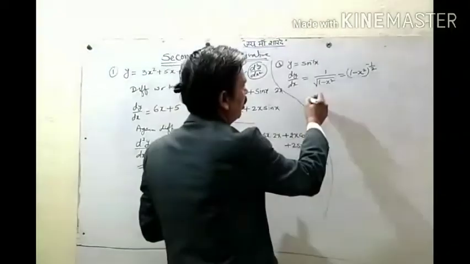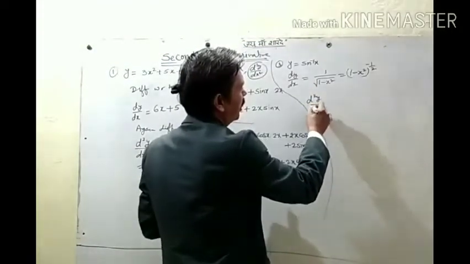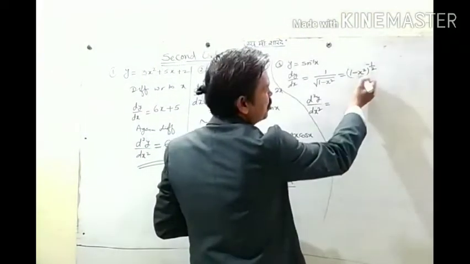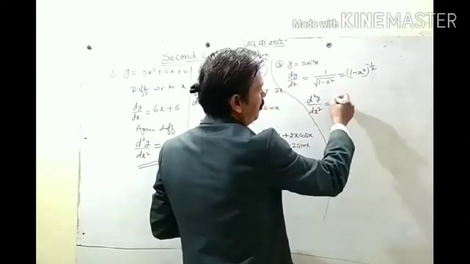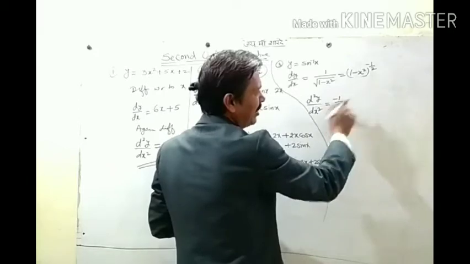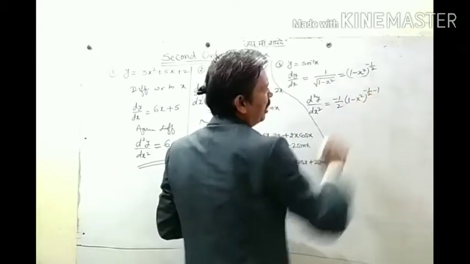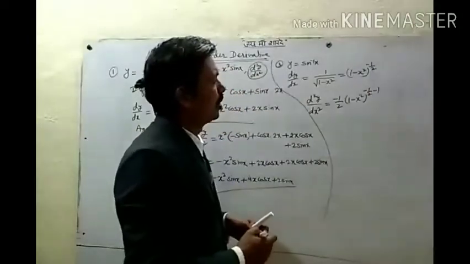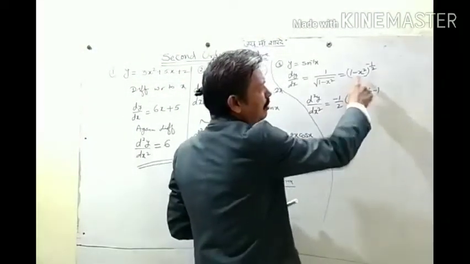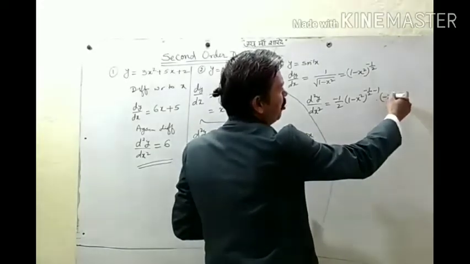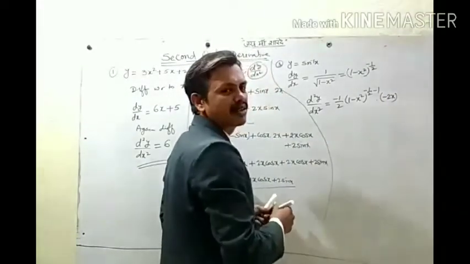Now if we differentiate, d2y by dx square will be, since it is in x to the power n form, the derivative is minus half into x to the power n minus 1. But actually it is not x, it is 1 minus x square. So we differentiate 1 minus x square, and its derivative is minus 2x.